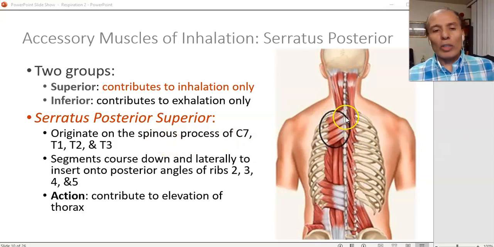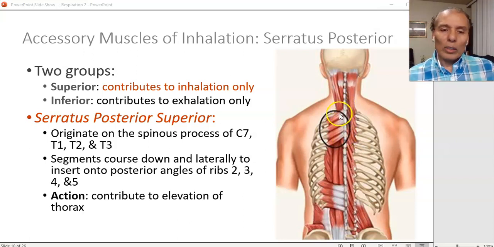It originates on the spinous process of C7, the lowest vertebra of the neck, the next segment originates on T1, and then the one after T2, and then T3.